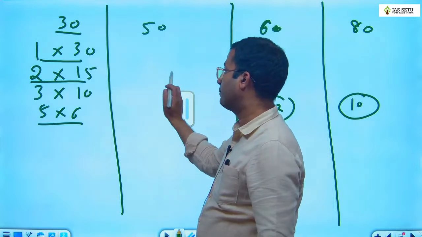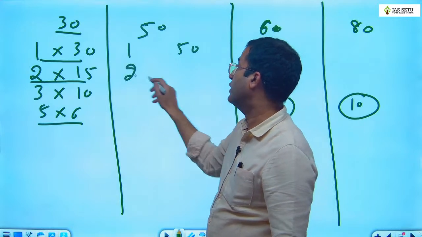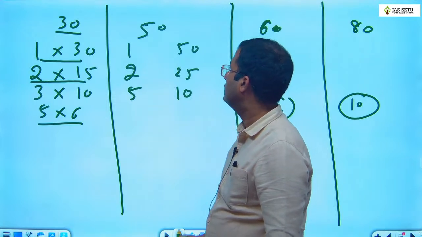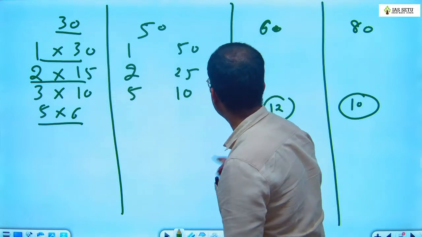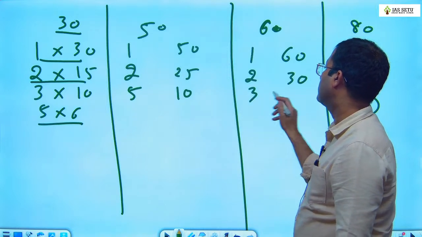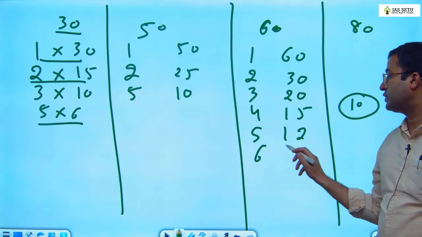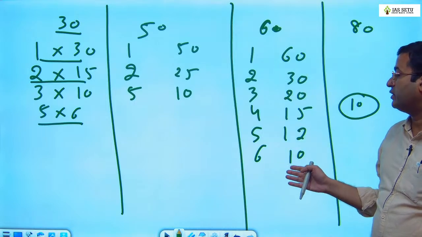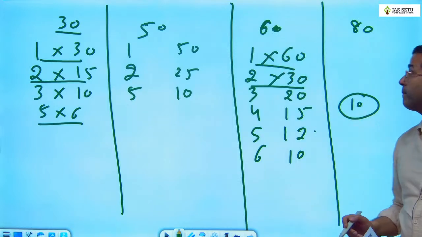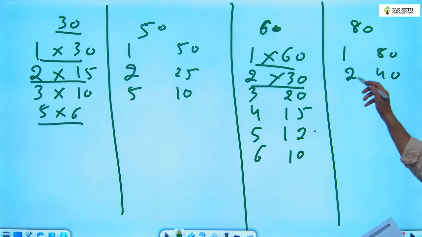50 का है, 1 and 50, 2 and 25, 5 and 10. 30 में 1 and 30, 6 and 5. ये देखो कॉरस्पॉन्ड। 80 में 1 and 40, 4 and 20.